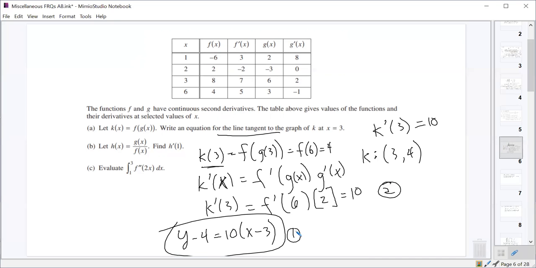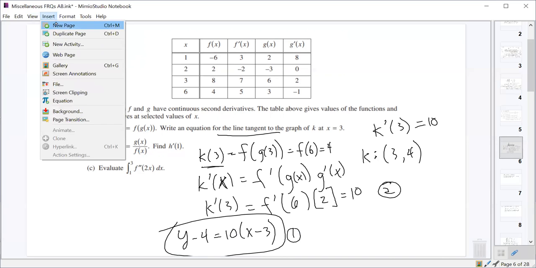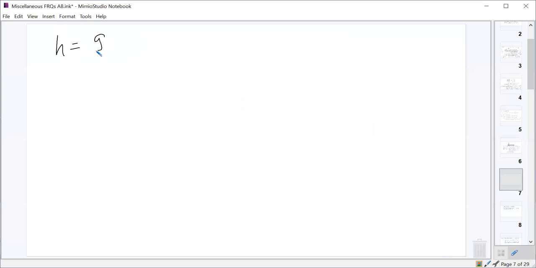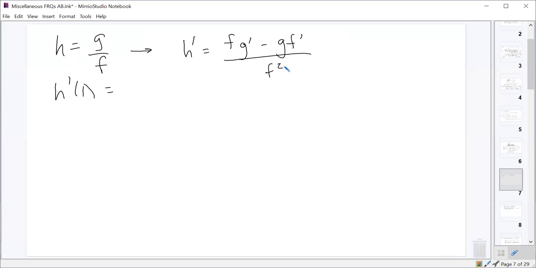Okay. Now we've got h of x is g over f. Find h prime of 1. So if h is g over f, what is h prime? We've got to use the quotient rule. So that'd be f times the derivative of g minus g times the derivative of f, over f squared.